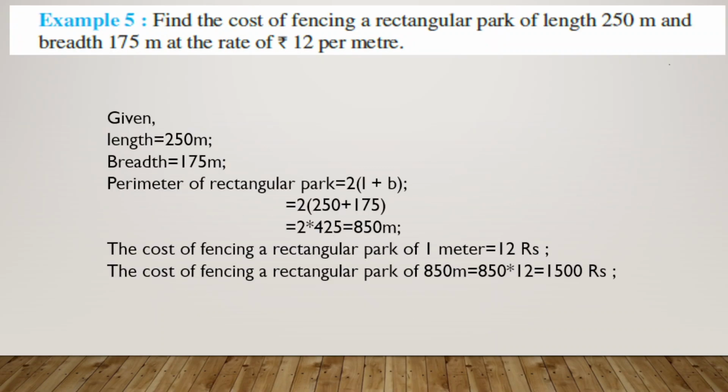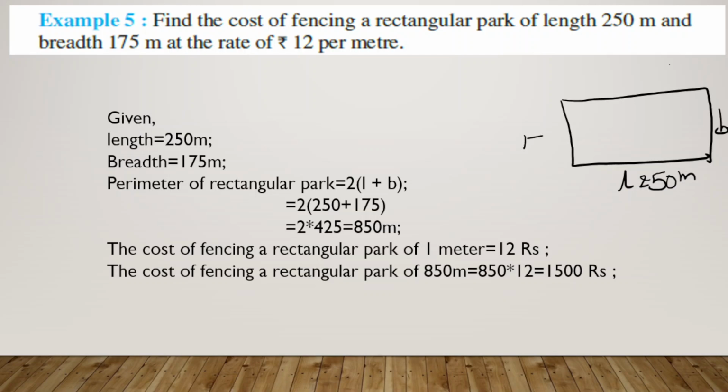And coming to the next one, find the cost of fencing a rectangular park. Assume this as a rectangular park. The length was given as 250 meters and the breadth as 175 meters.